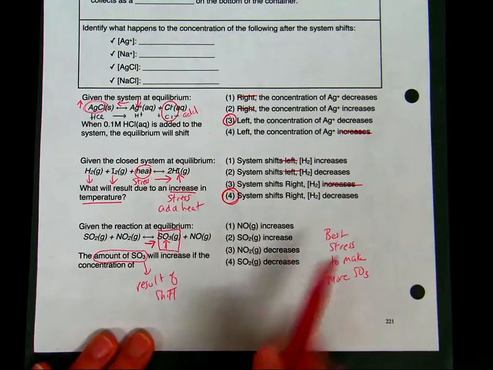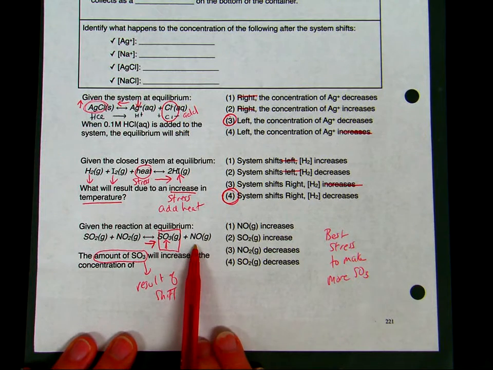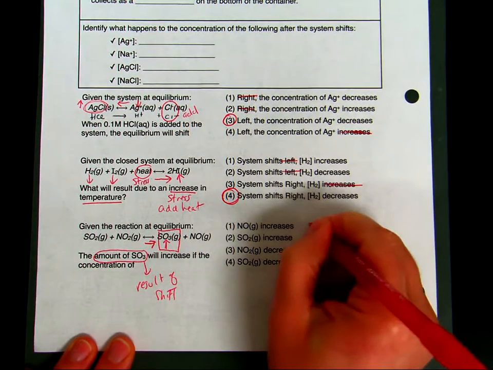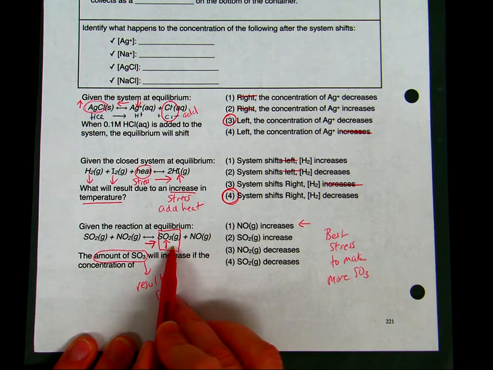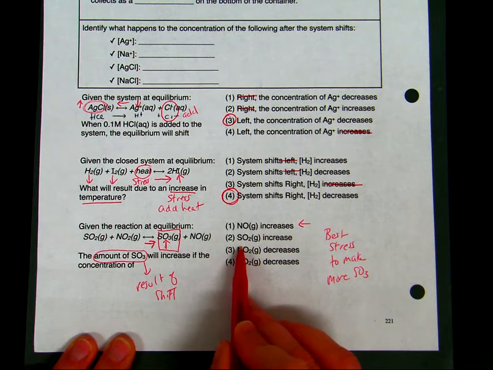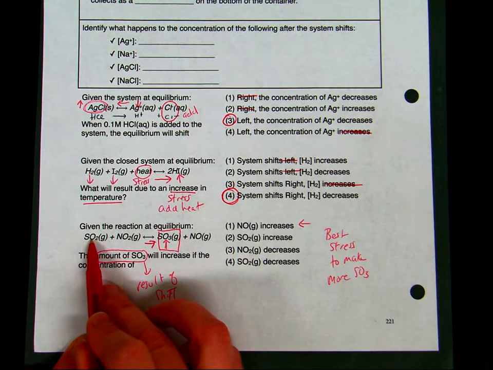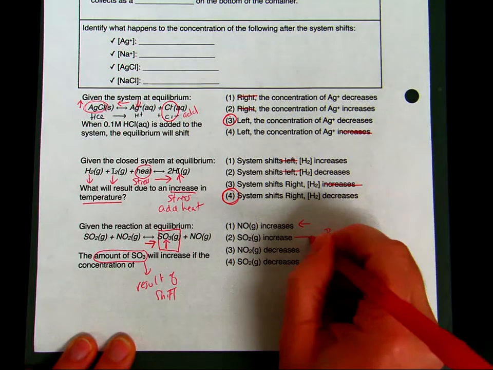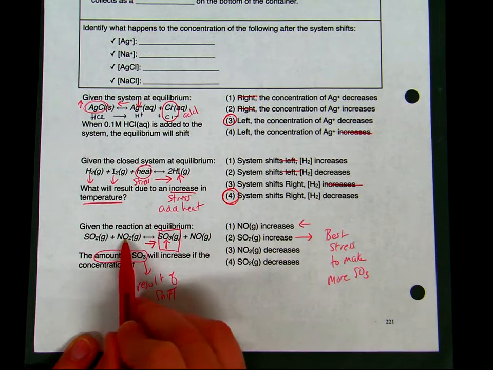Well, if we increase the amount of NO, which is a product, that would make the system shift left. We want the system to shift right. If we add SO2 to the system, it's a reactant, so we will shift away from the addition. That will make it go right. NO2 is a reactant.